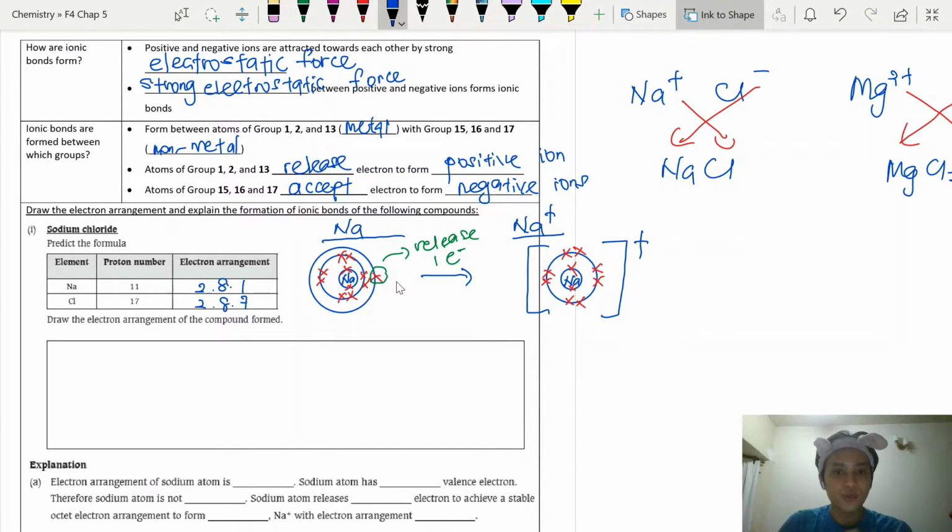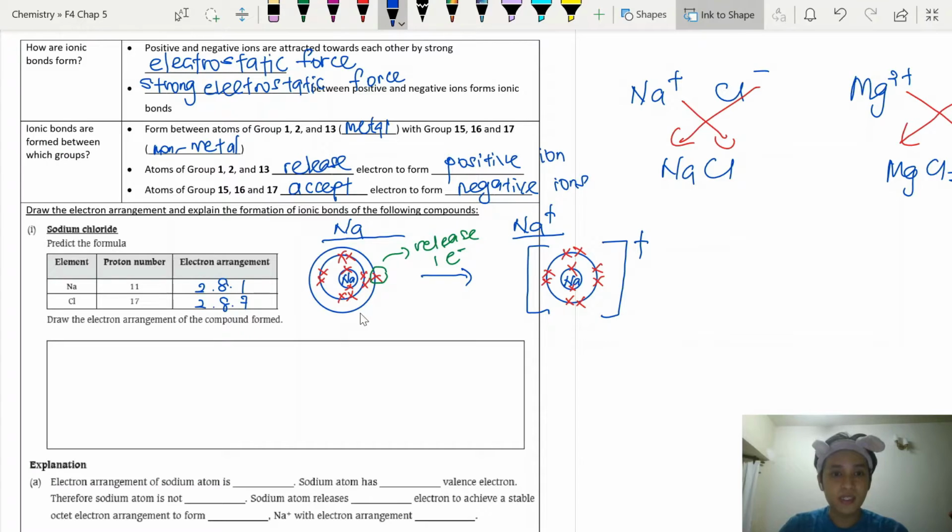So sodium atom will release 1 electron to become sodium ion. The reason why they release 1 electron is because they want to achieve stable octet arrangement. For sodium, my valence electron is 1. Which one will be easier? Release 1 electron, or accept 7 electrons to achieve maximum of 8.